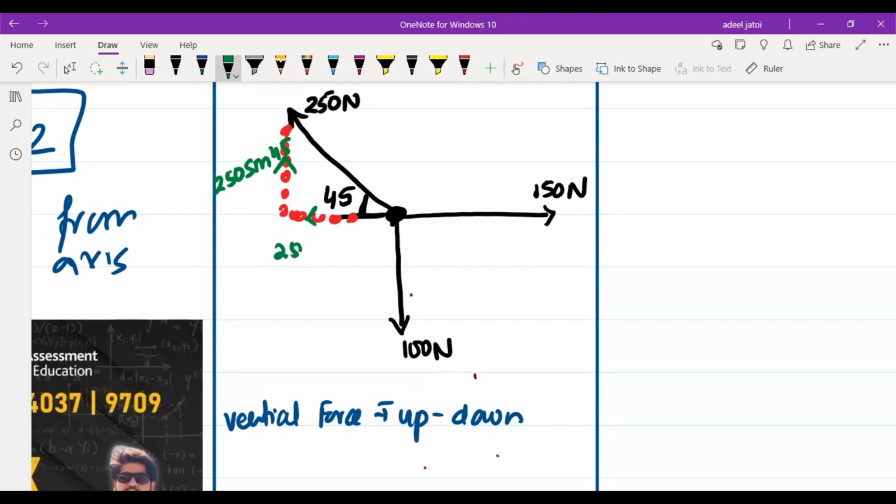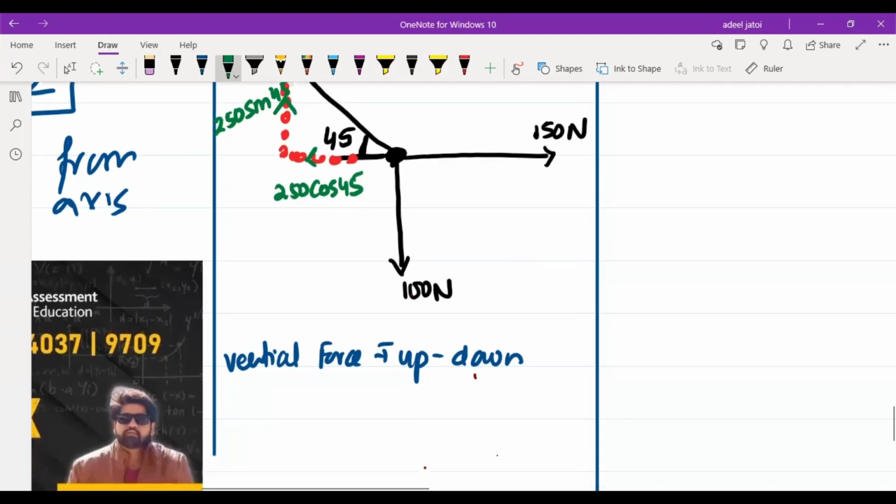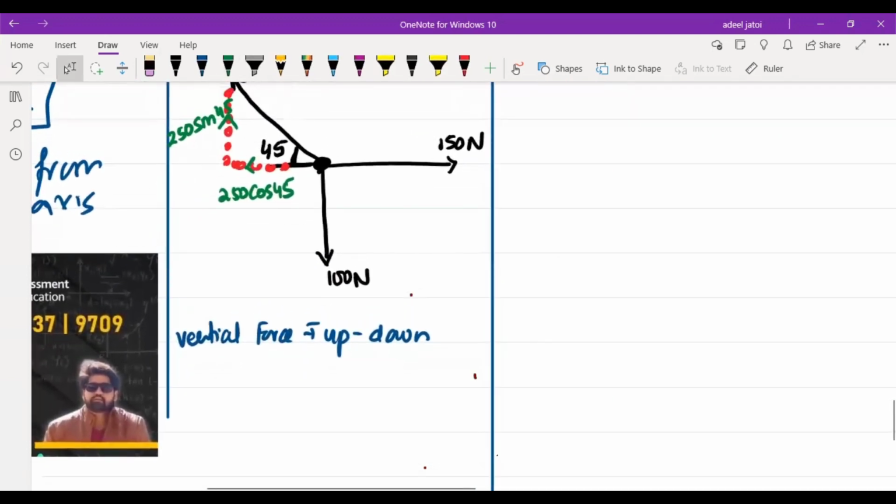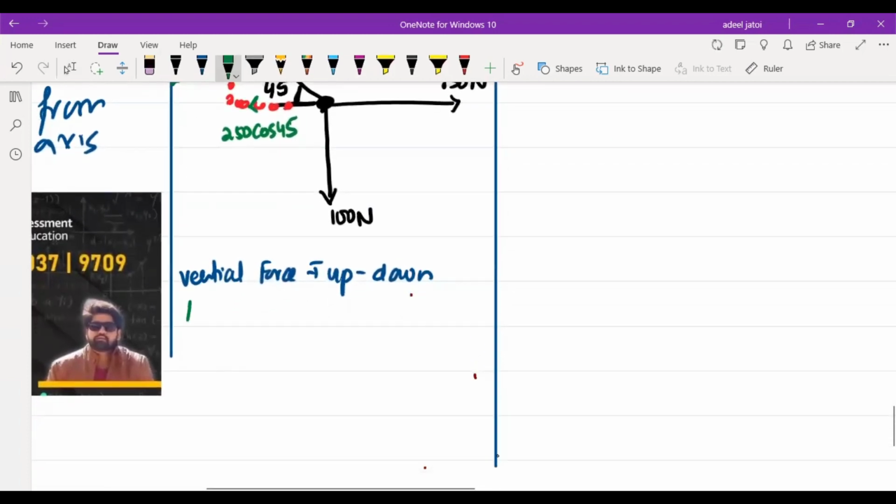Downward force is 250 cos 45. To get the answer, it is up minus down. So summation of FV will be 250 sine 45 minus 100 Newton.